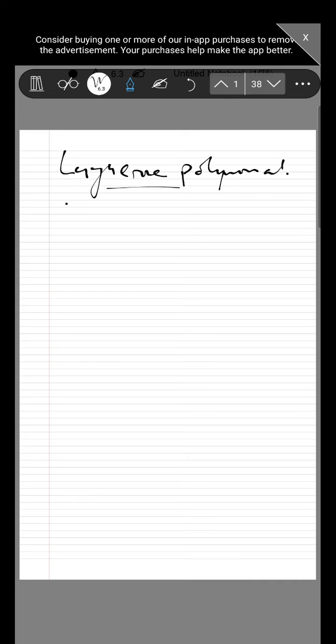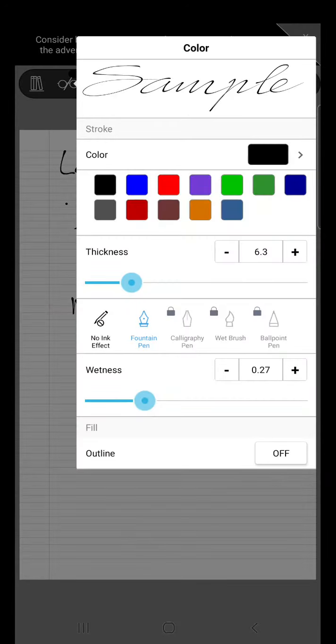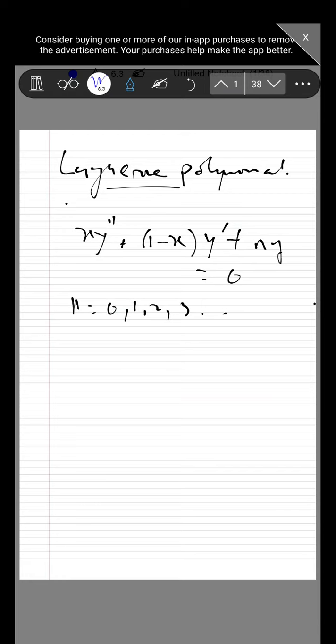The differential equation is x y double differentiation plus (1 minus x) y differentiation plus n y is equal to 0, and n is equal to 0, 1, 2, 3, and so on. The polynomial is represented in this fashion.